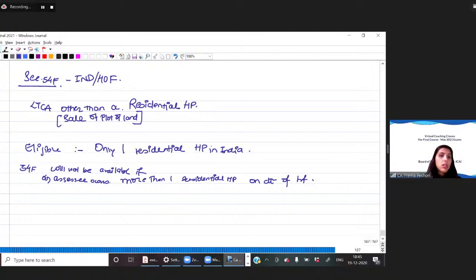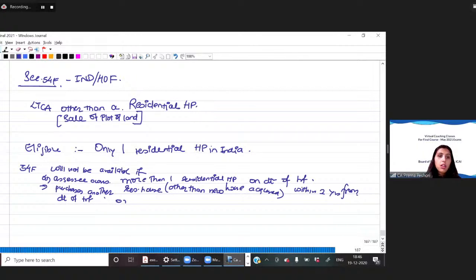Also, if the assessee purchases another residential house, other than the new house acquired, within 2 years from date of transfer, or constructs a new residential house within 3 years from date of transfer.